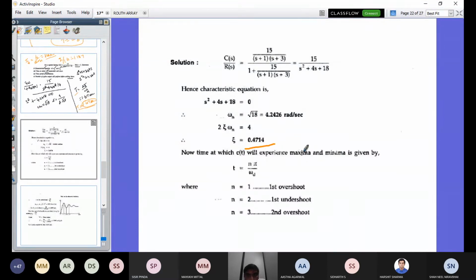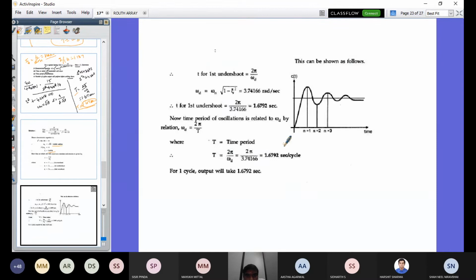Zeta is 0.4714. Omega n is 4.24 radians per second. Omega d is 3.74 radians per second, and the time for first undershoot is 1.6792 seconds.